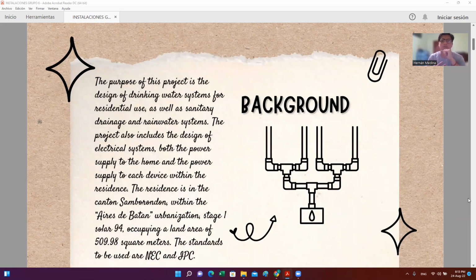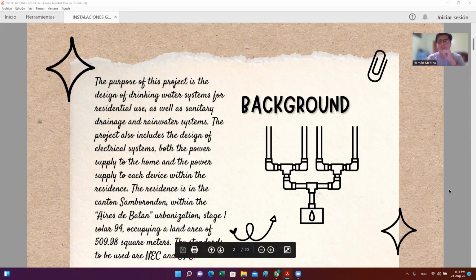The purpose of this project is to design a drinking water system for residential use, and in the same way to calculate the design for the sanitary drainage and rainwater system. The project also includes the design of the electrical system, both the power supply to the home and the power supply to each device within the residence.